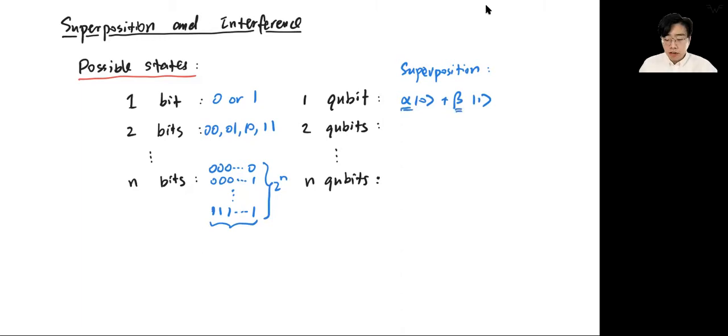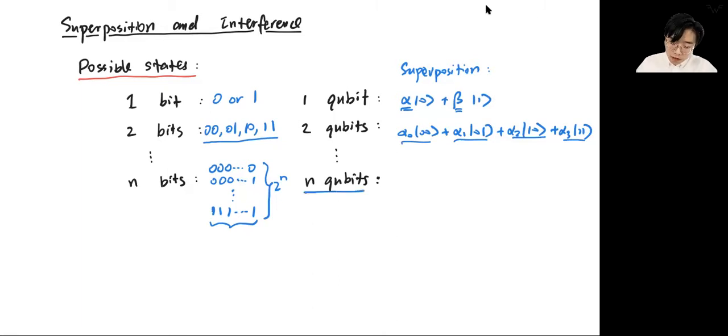What I want to show here is how quickly this qubit state space grows as the number of qubits increases. For 2 qubits, we will need a linear combination of all 4 possibilities: alpha 00 for 00, and then for 01, then 10, and finally 11. Two qubits can be in these 4 possible states at the same time.